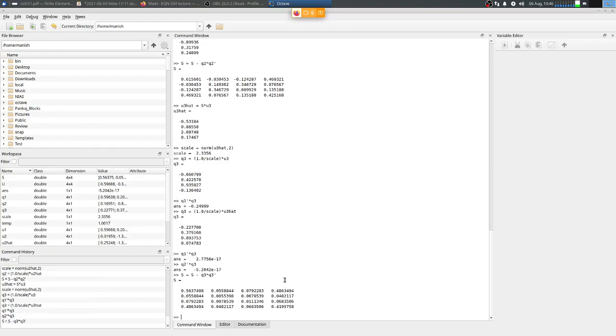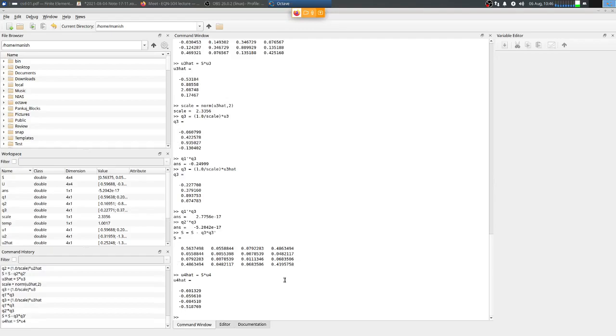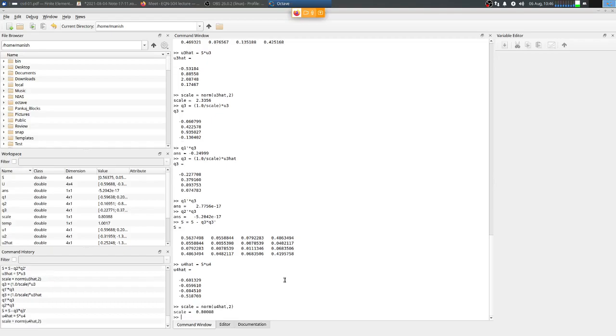So this is the new sweeping matrix, and then I define U4 hat as S multiplied by U4, define scale as the norm of U4 hat, second norm, and Q4 as 1.0 over scale multiplied by U4 hat.